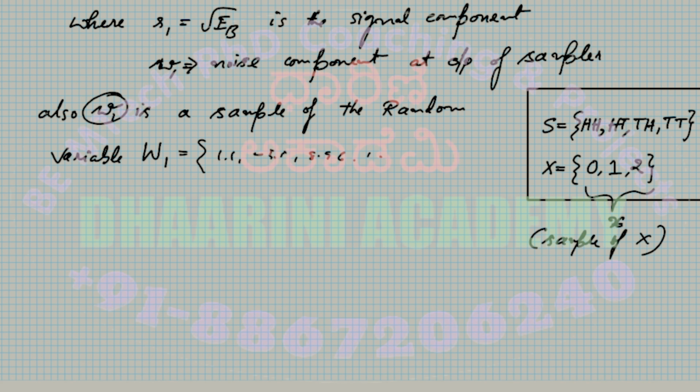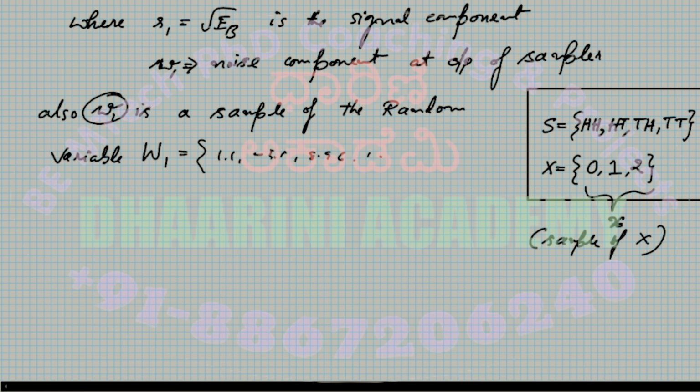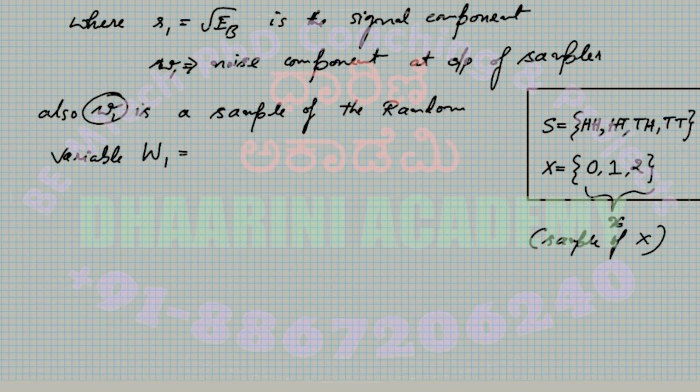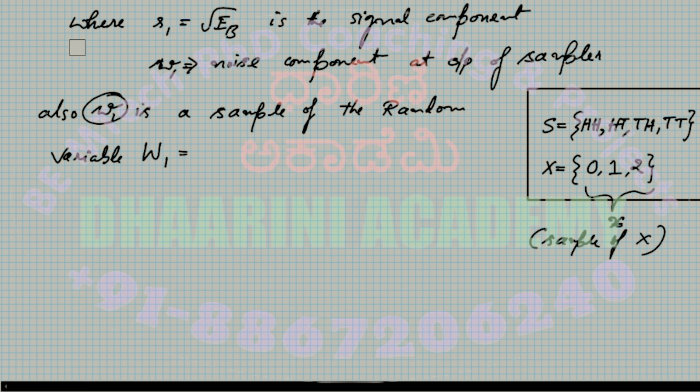You have a huge set of values that W1 can take. Out of all those values, any one value will come as small w1 whenever you sample your signal, because channel properties are continuously varying, so you have variation in the values of small w1, taken from one of the possible values present in the capital W1.